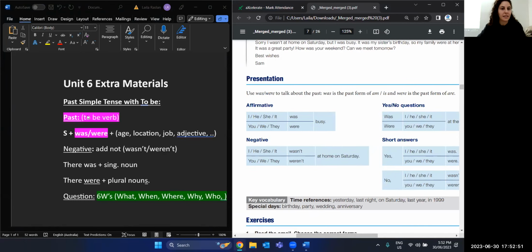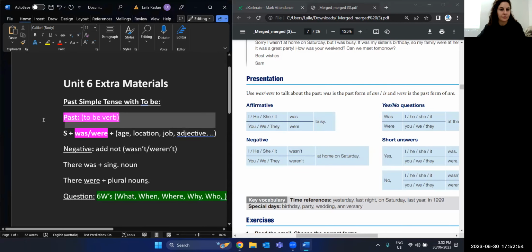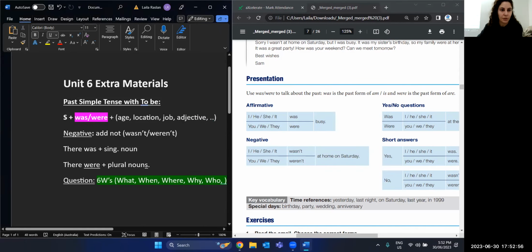So to make the past, we put the subject, was or were, and then the information that we want to talk about. To make the negative, you add not. So it's wasn't or weren't.